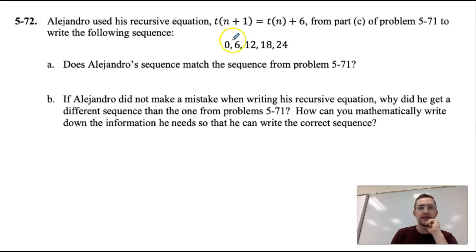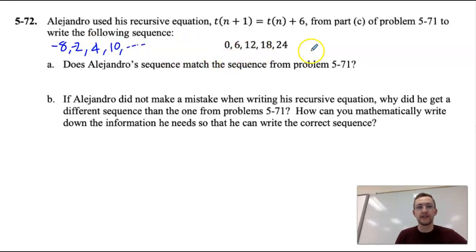His sequence is 0, 6, 12, 18, 24. We're increasing by 6 between all those terms, but something looks kind of goofy. Our sequence from the top of the page in 571 was -8, -2, 4, 10, and so on and so forth.